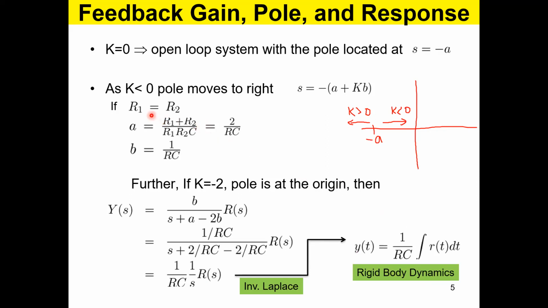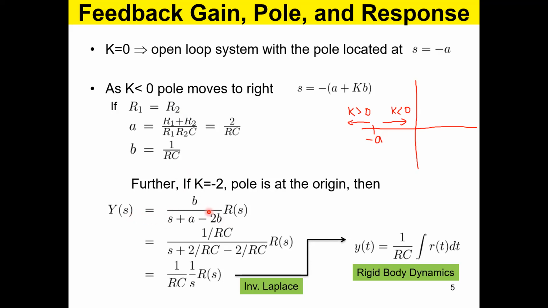Now, if we set R1 and R2 equal for the circuit, A is R1 plus R2 over R1 R2 C, it becomes 2 over RC. Then B can be written as 1 over RC. And further, if you say K equals minus 2, now set it to minus 2. It should be somewhere over here, to the right of this point. So then we can write our transfer function.